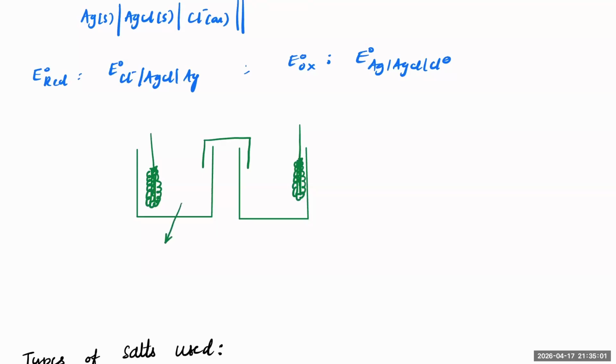This is present in the presence of Cl- ions. This is also present in the presence of Cl- ions. This is AgCl and this is AgCl precipitate. And of course, this is the salt bridge.